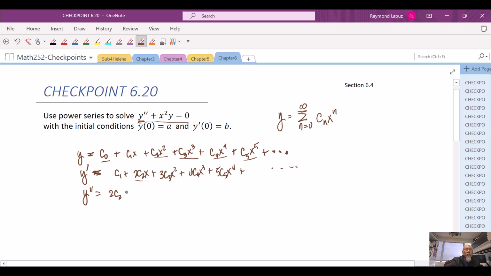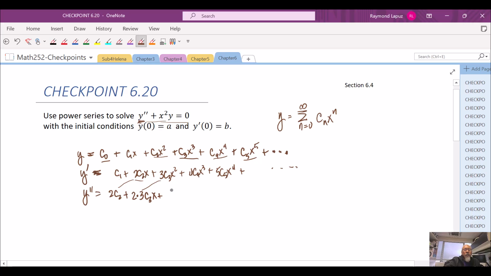The derivative of the next is going to be 2 times 3, which is 6, but I'm going to keep it as 2 times 3, c sub 3 times x. The reason I'm doing that is because I want to find some sort of pattern as I go along, and as I do these patterns, it would be good to see where they are coming from and how they will develop.